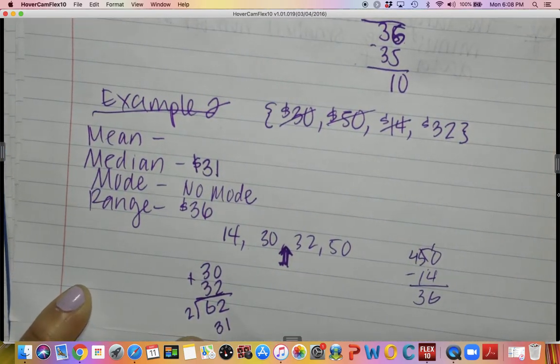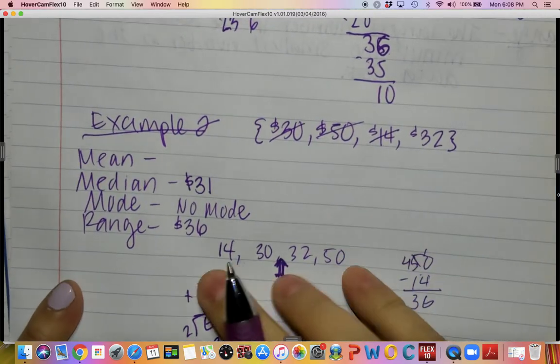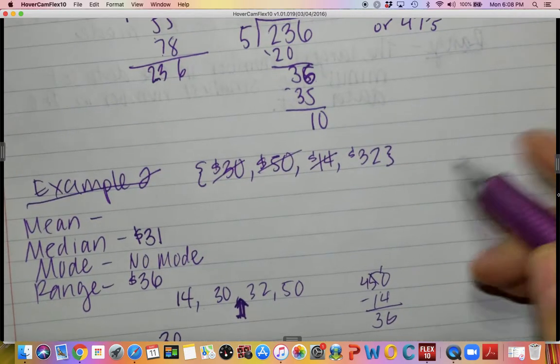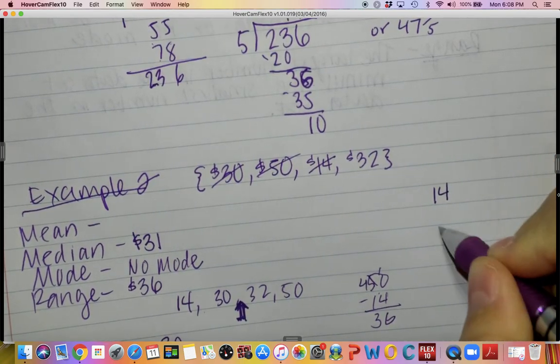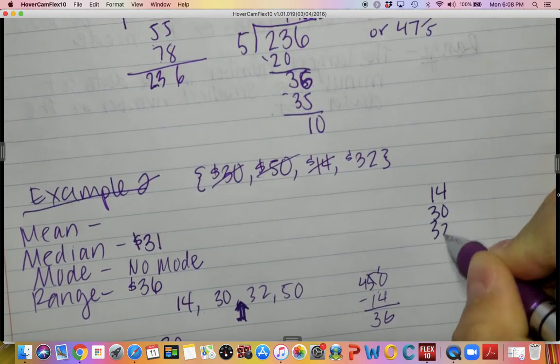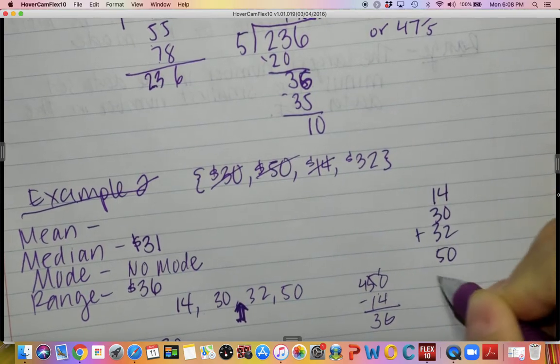Now let's see how close the mean is. So we're going to add them all up. 14, 30, 32, and 50.